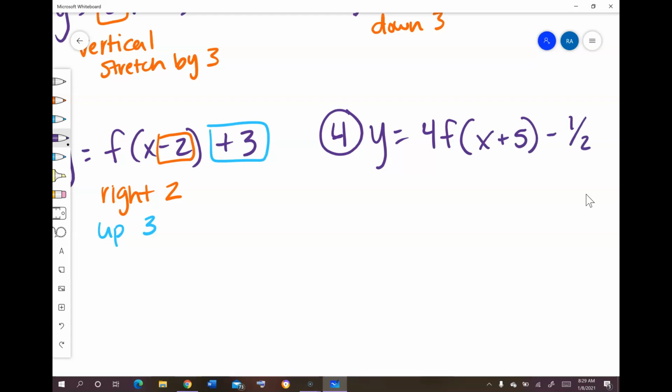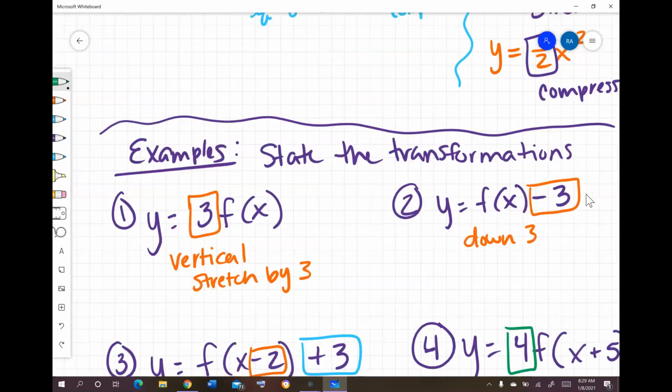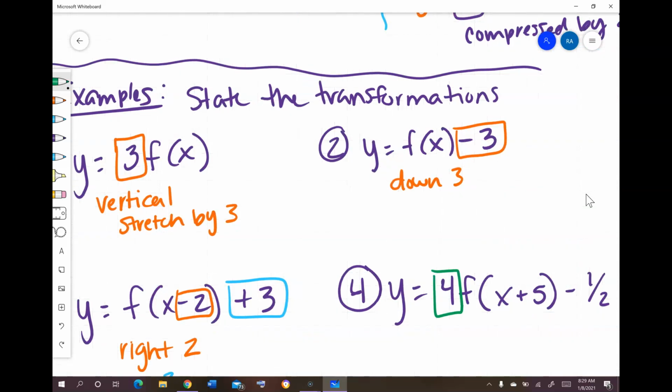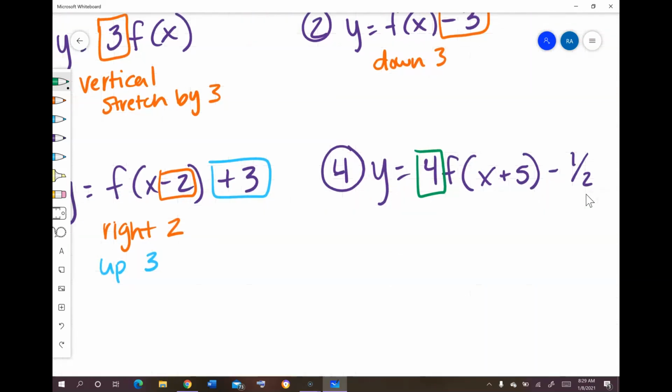So anything that is not the function notation is going to be a transformation. So the first thing we encounter is a 4. A 4 on the outside, that's being multiplied. So that's your b right here. It is greater than 1. So that's going to be a stretch. So we're going to say we did a vertical stretch by 4.